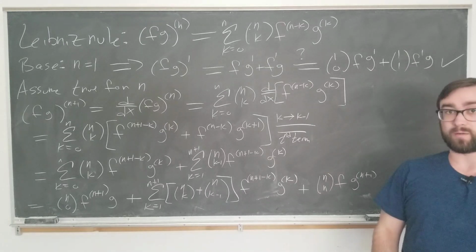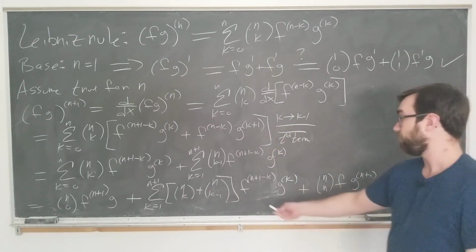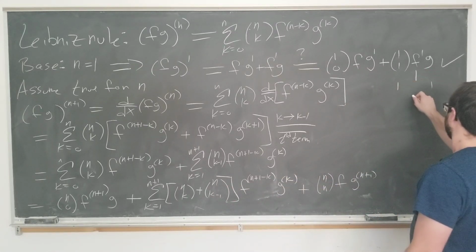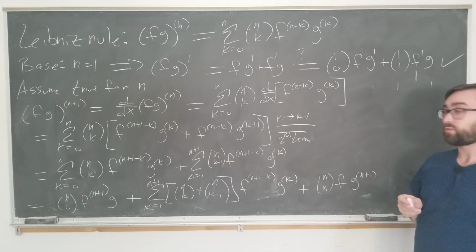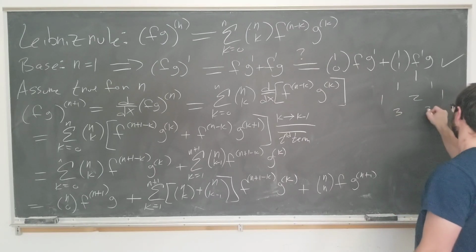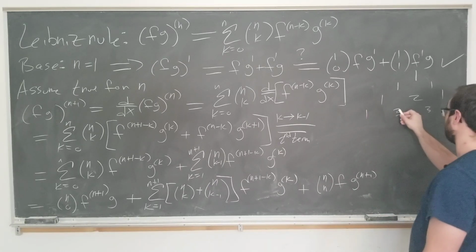Okay, now we need an identity involving the binomial coefficients to show what this is. Well, that's pretty straightforward. Remember how Pascal's triangle was constructed? Let's give it another row: 3, 3, 1. Let's look at this one here.